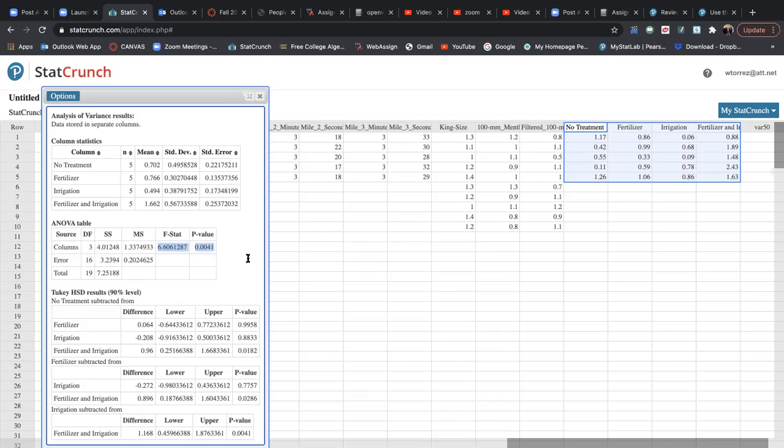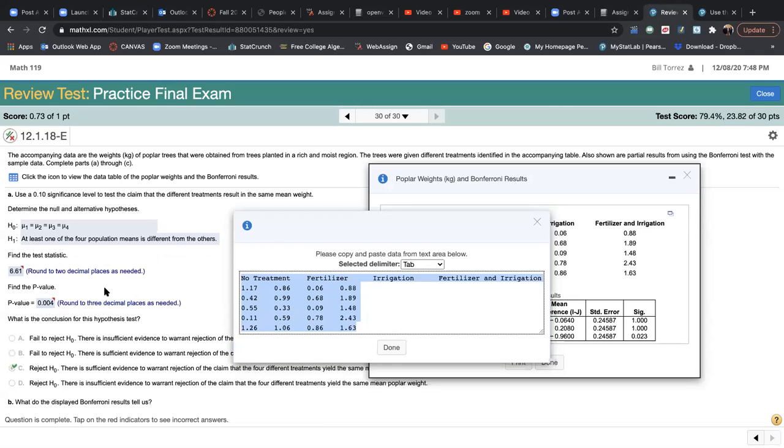All right, so there's our test using analysis of variance, okay? And now we'll take those values to answer our questions there. Okay.